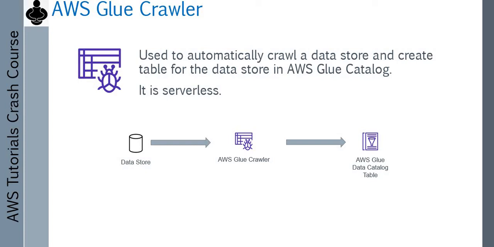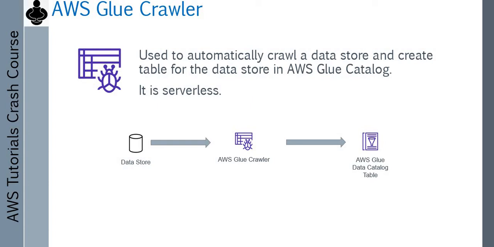Sometimes you want to make automatic cataloging a part of your pipeline. So as the data comes, you want to catalog it automatically as part of the pipeline execution. For many of those reasons, you need to catalog data automatically. And whenever it comes to cataloging data automatically, the best way to go is to use AWS Glue Crawler.